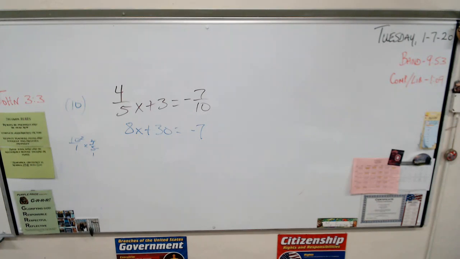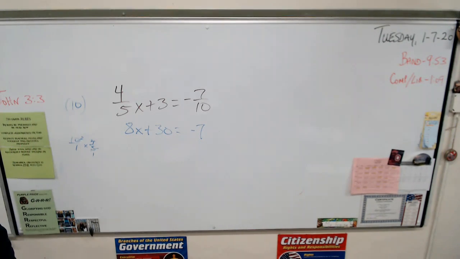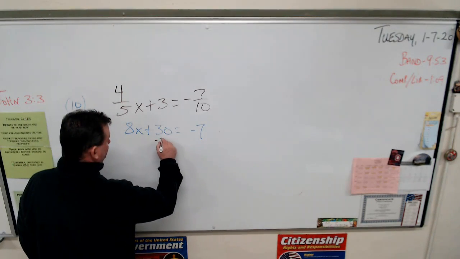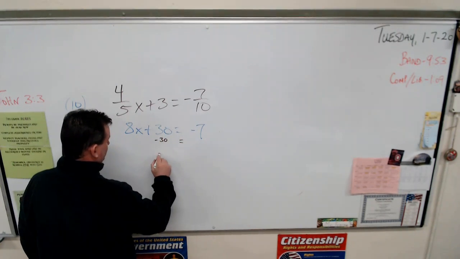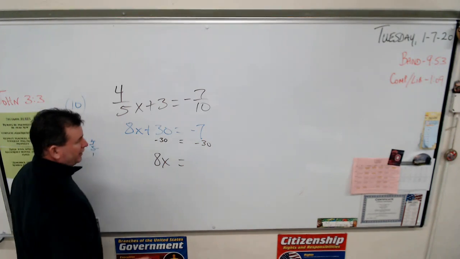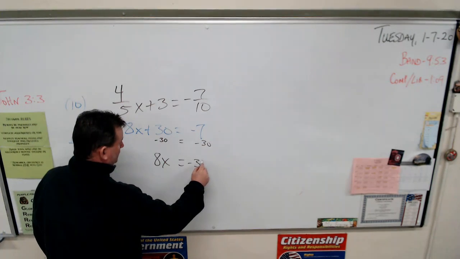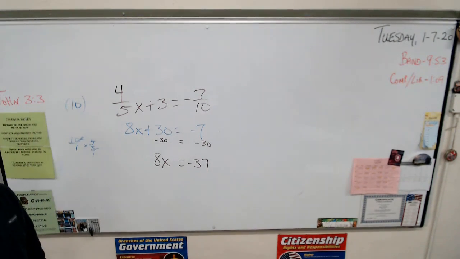Does that make sense? Okay, so now I do my algebra. I want to find out what x is. How do I get rid of the things that are attached to the x? First, let's get rid of the positive 30 by subtracting 30. What am I going to write? 8x equals negative 37. How do I get rid of the 8?